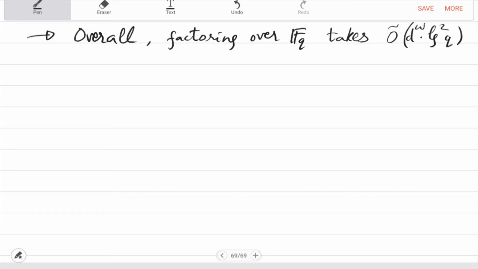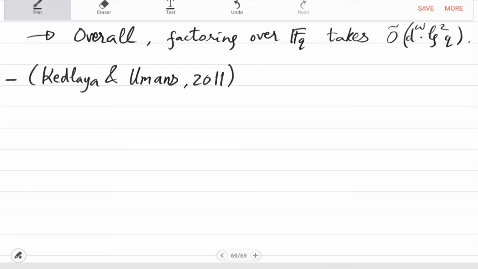Okay, it is subcubic. So when you combine all these components of factorization, this irreducibility testing, then Berlekamp, and then Cantor-Zassenhaus overall. There are improvements to this. So Kedlaya and Umans, a few years ago, gave a sub-quadratic time method.